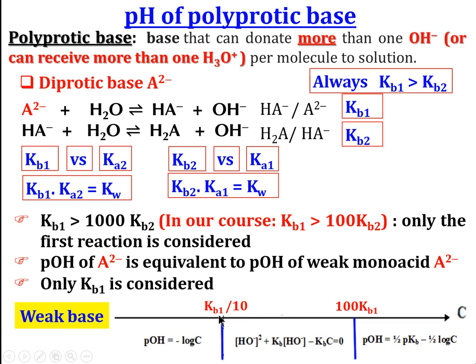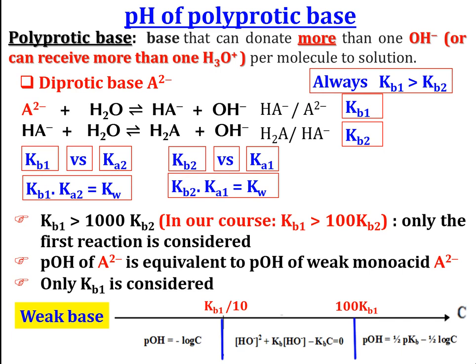And if it's in the domain Kb1 over 10 to 100 Kb1, we solve the quadratic equation, OH minus squared plus Kb1 OH minus minus Kb1 C is equal to 0. So we find OH minus, then pOH.